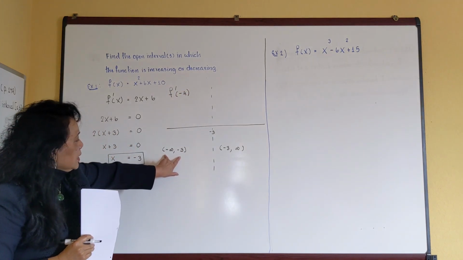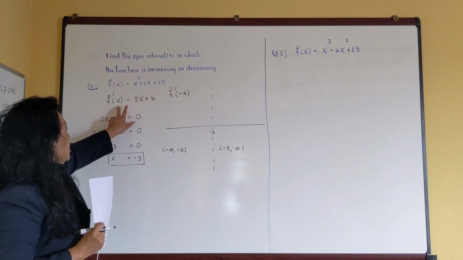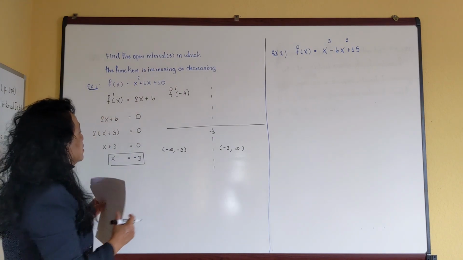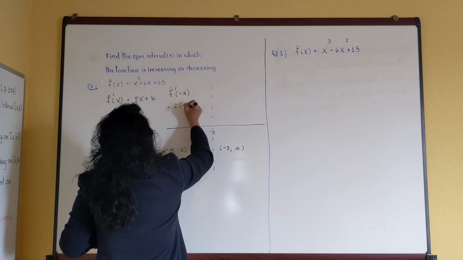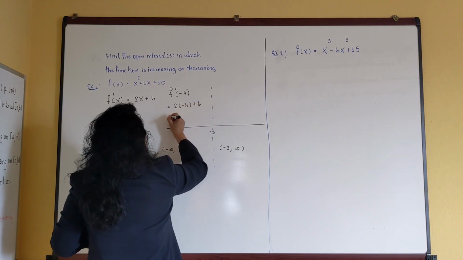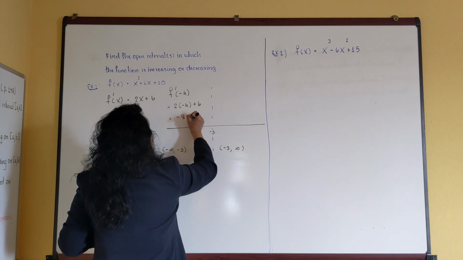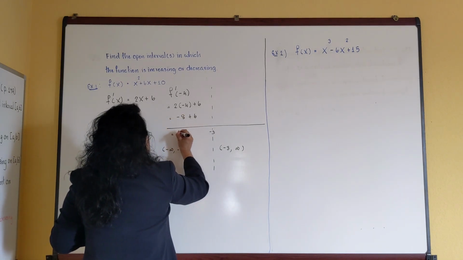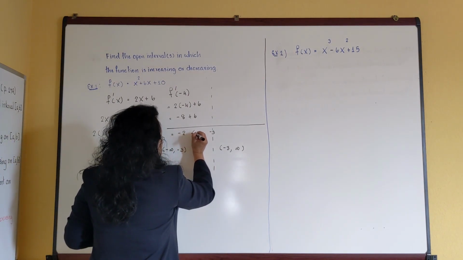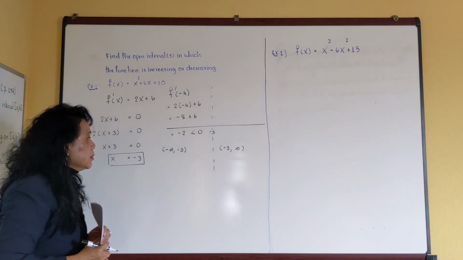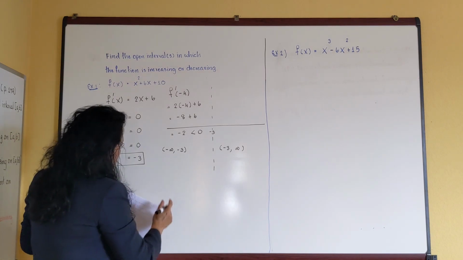Negative 4 is in this interval. I substitute into the derivative: 2 times negative 4 plus 6, which is negative 8 plus 6, which is negative 2. Negative 2 is less than 0. From the theorem, this interval is decreasing.